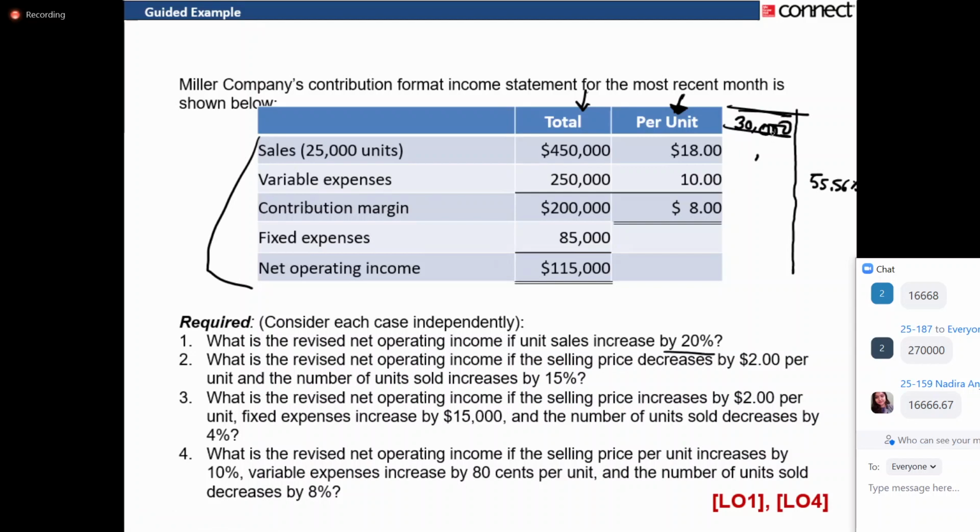So for 30,000 unit sales, what is the per unit price? You see, 450,000 divided by 250,000, or the $18 per unit price. So multiply the 30,000 with $18 per unit to get the sales value here. What I wrote earlier, 30,000, is not a sales value, rather it was a sales unit.